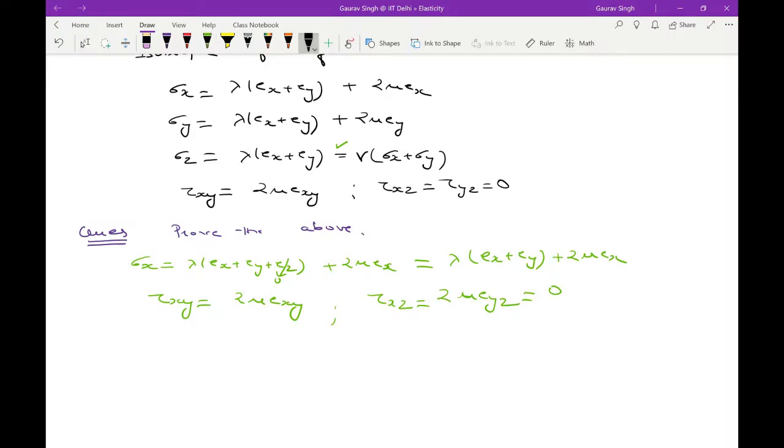Now, one of the things which one should note is this expression.